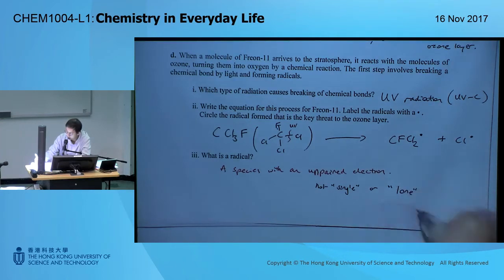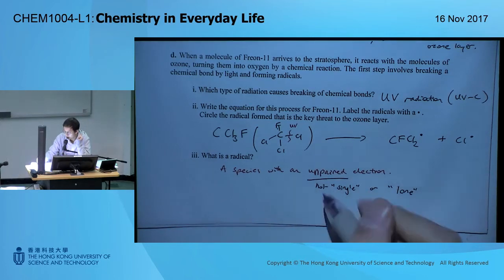So those are not the terms to use. Unpaired is the word, because it is not paired up with anything. Single electron means you only have one electron, like hydrogen. Lone electron, I don't know what that is, a lonely one.